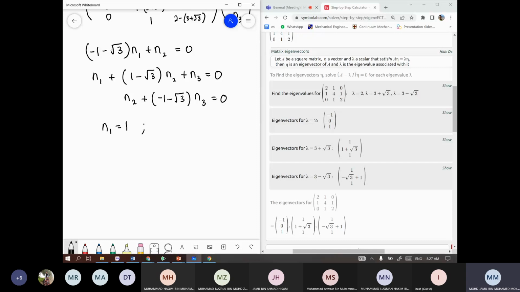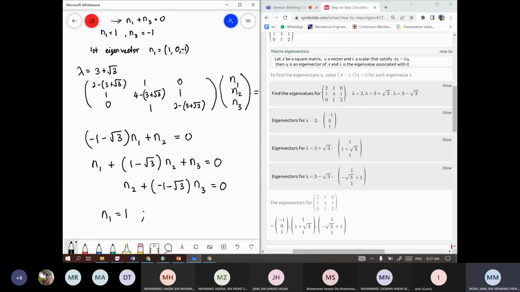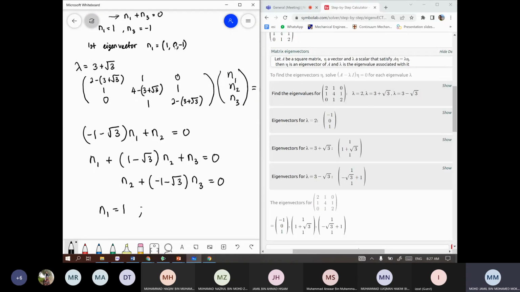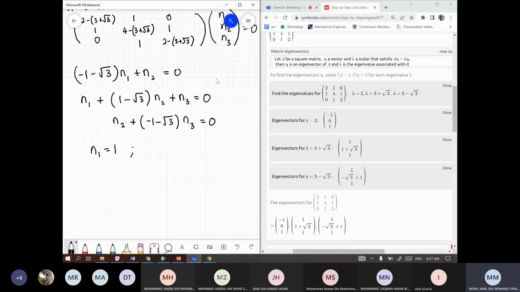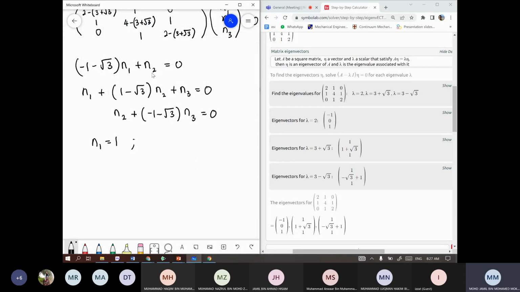So you cannot have one more 0 here because the first eigenvector is already 0 at n2. Okay, so you cannot have n2 as 0 because later on you will get the same eigenvector as the first one. So we hold on n2. So we take n3.